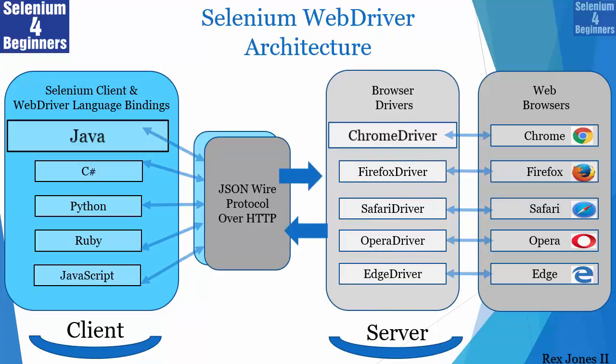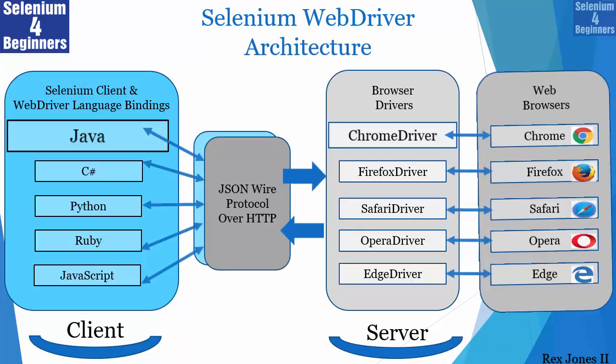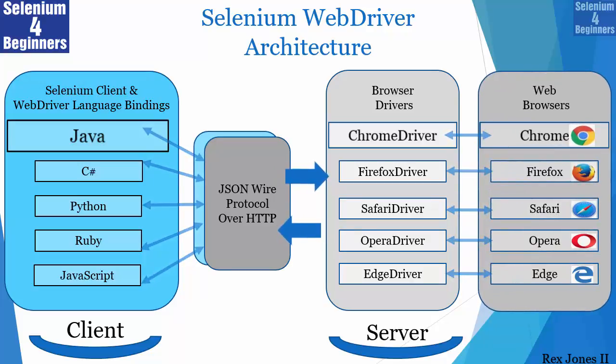Chromedriver sent a direct HTTP request to the Chrome web browser. The Chrome browser performed each command, then sent back an HTTP response to the Chrome driver that eventually showed up in Eclipse. I hope that helps, and thank you for watching how the Selenium architecture works for automation.